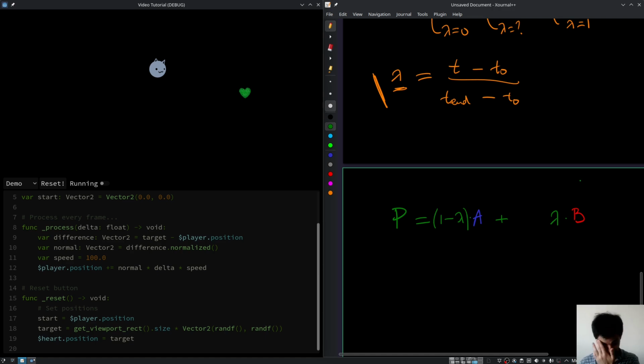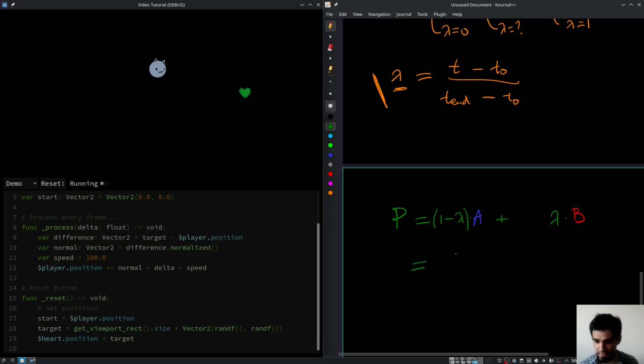And so when lambda is equal to 0, this is 0, this is 1, so we have A. When lambda is equal to 1, then now this is 0, but this is 1, and so we have just B. And as we change lambda, it will go smoothly from A to B.